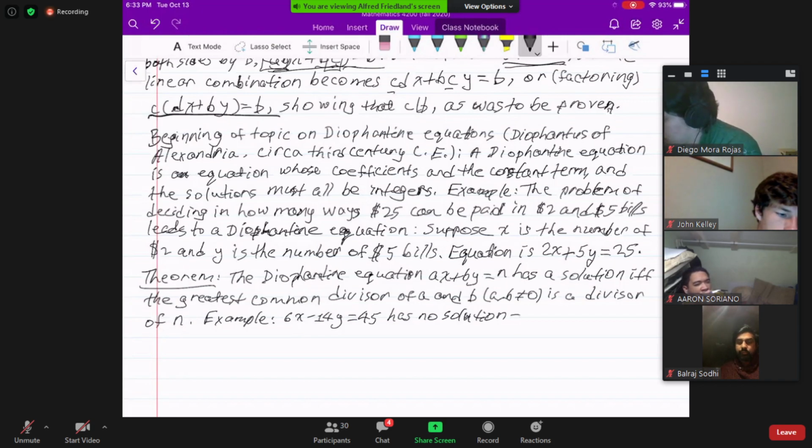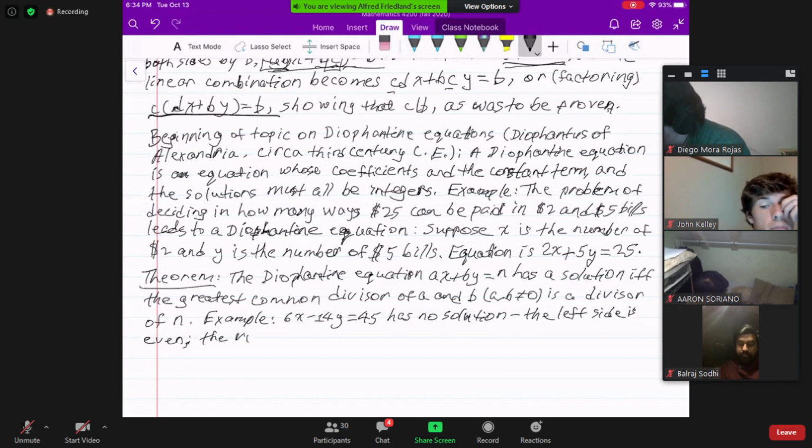But we can also just look at it: the left side is an even number, it has a common factor of 2, and the right side is odd.